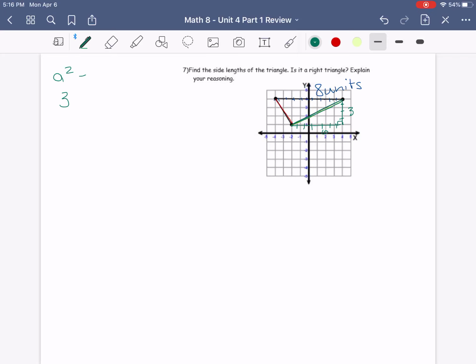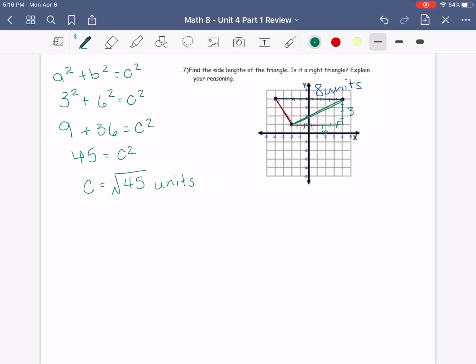So a squared plus b squared equals c squared, and fill in the numbers for those pieces. Okay. And I am just going to leave this in its square root form. So this guy right here is the square root of 45 units.